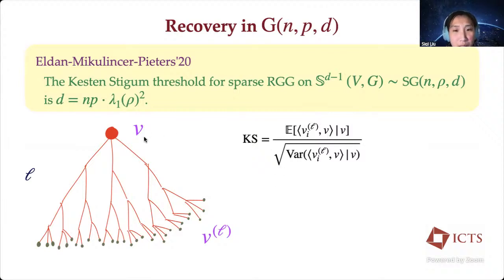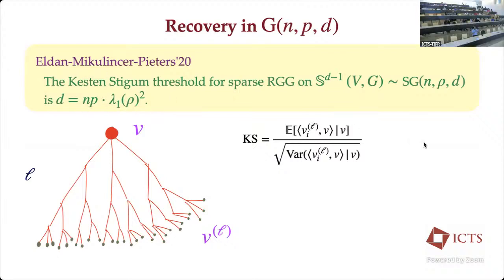This has its origin in other problems like community detection, where the KS threshold correctly predicts the threshold for weak recovery, for distinguishing and recovery in those models. So I would see this as evidence that below d equal to n times p times lambda_1 rho squared, we'll be able to do recovery.